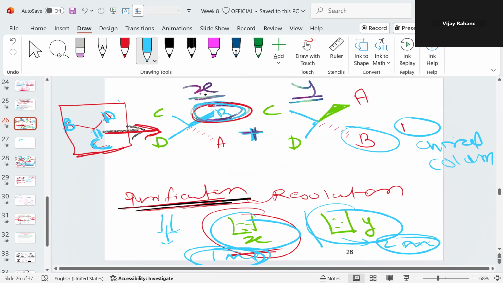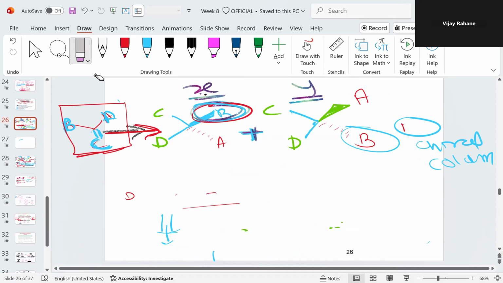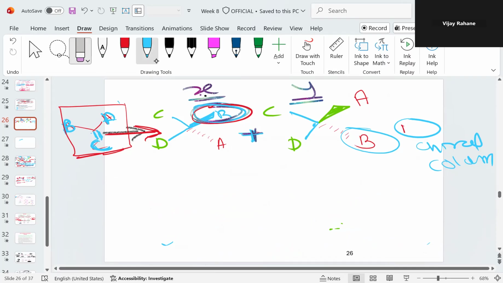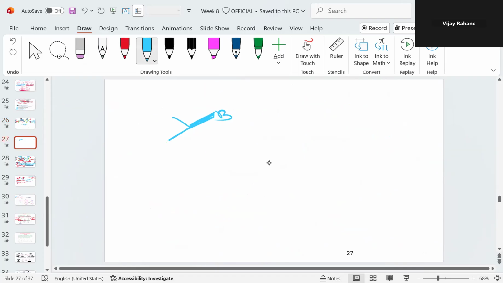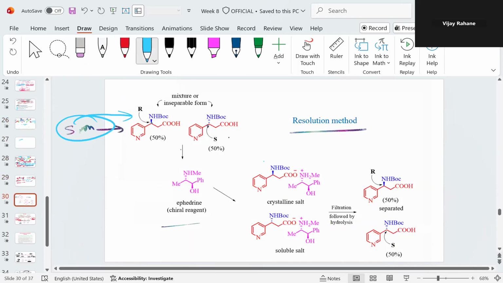The second one is what we can do. Purification directly on a chiral column is one method. Another thing we can do is add some reagent to this substrate. So let's take an example. I have these two enantiomers in my mixture.